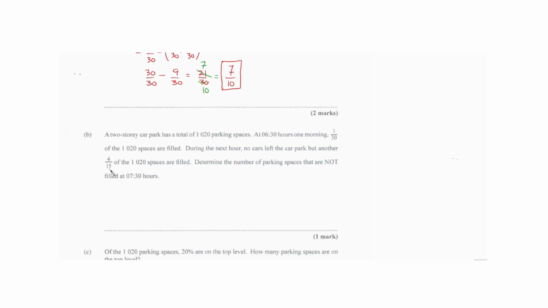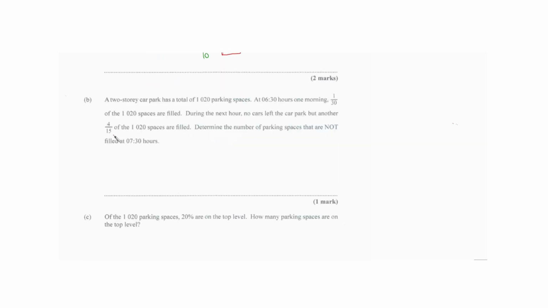Part B. A 2-story car park has a total of 1,020 parking spaces. At 6:30 hours one morning, 1/30 of the spaces are filled. During the next hour, no cars left the car park, but another 4/15 of the spaces are filled. So what we need to do is to note that 4/15 here can be written as 8/30.